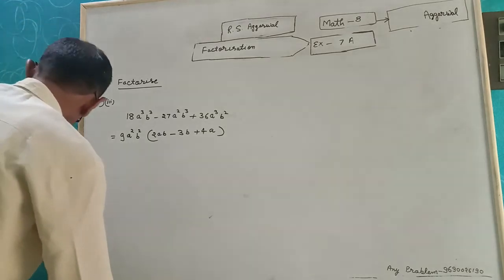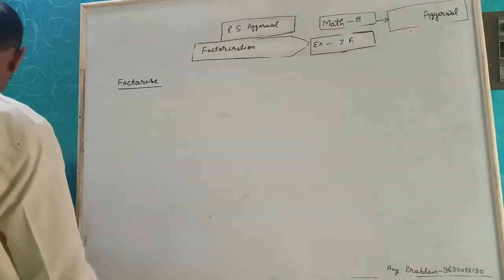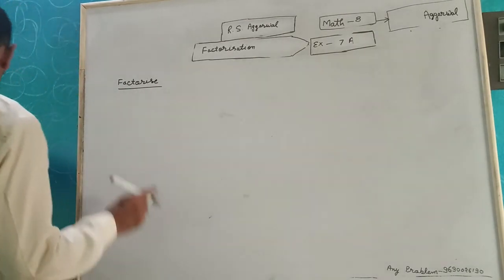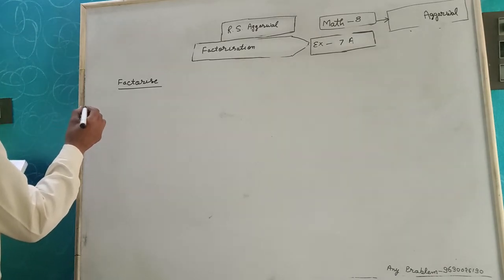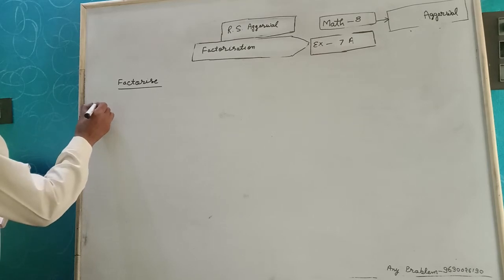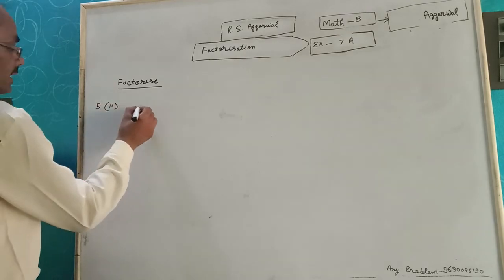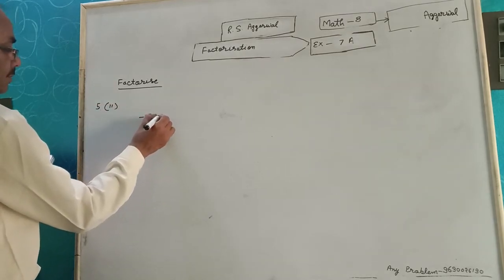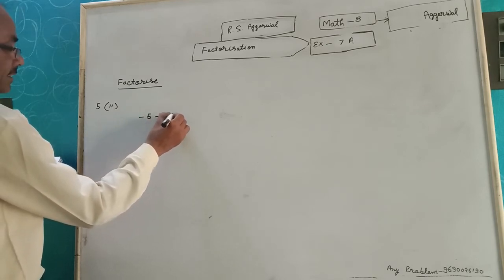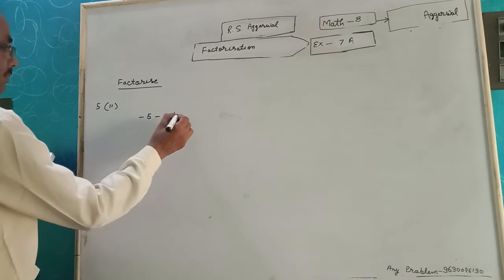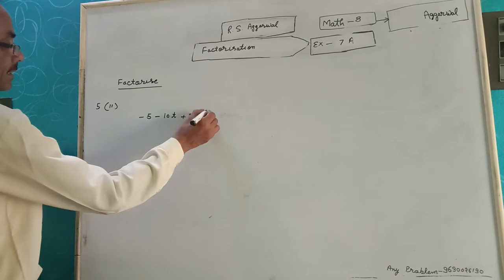Fifth question, second part. Second part is minus 5 minus 10t plus 20t square.